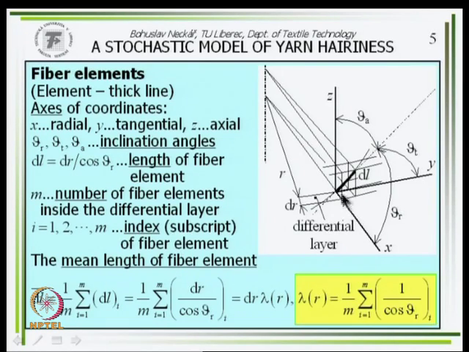We can speak about the local Cartesian coordinates: x, which is radial, y, which is tangential, and z, which is axial direction in relation to our fiber element.